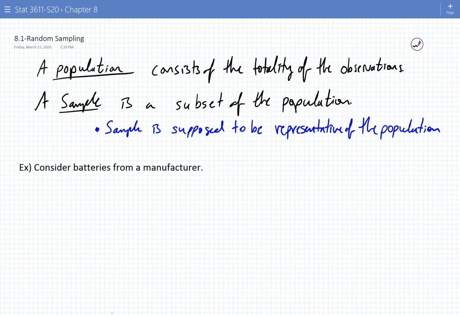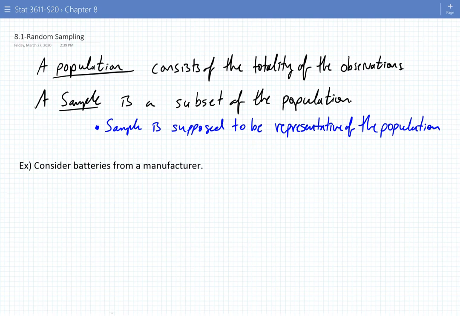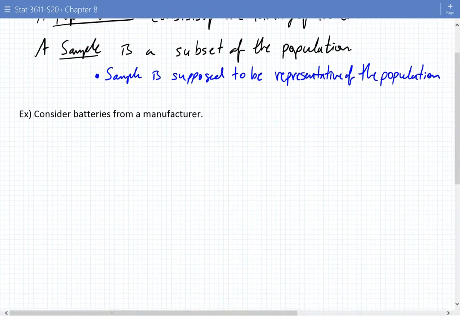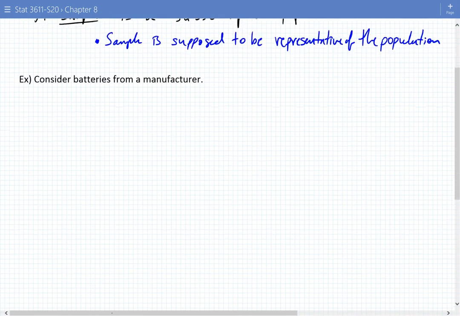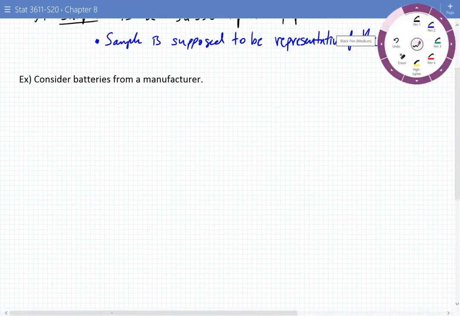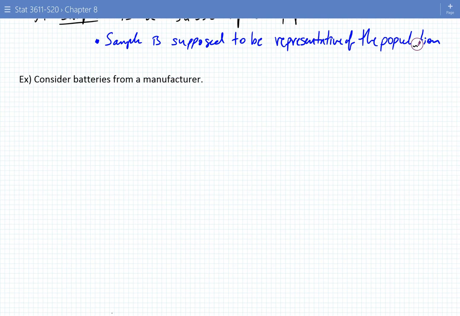A lot of what we're going to do in terms of statistical inference here relies on the idea that we have a random sample. If you pick and choose the elements that are going to be in your sample and hand pick them, that for sure is not random, and you can guarantee that you're not going to be able to make a good representation of the population. So let's just consider maybe we are talking about a battery manufacturer.